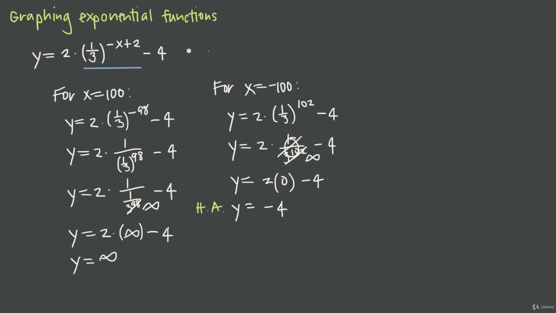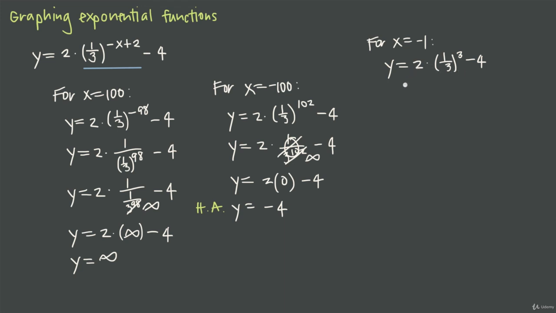So if we plug in -1, if we start with that, so for x is equal to -1, what do we get? If we plug in here -1, we have a -1. Those negative signs cancel. We're left with positive 1. 1 plus 2 is 3. So we're going to end up with y is equal to 2 times 1/3 to the 3 minus 4. 3 to the 3rd is 27, so we're going to end up with 1 over 27 here.